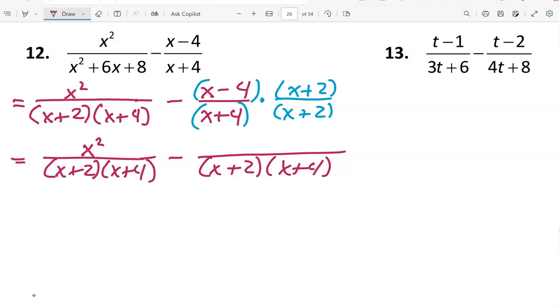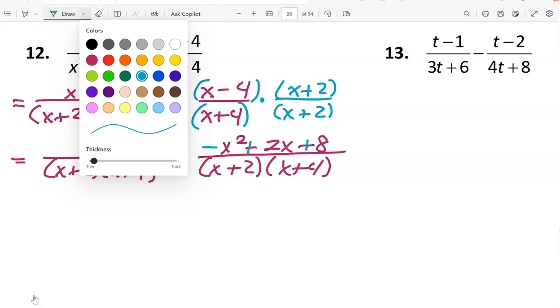Multiplying x minus 4 times x plus 2 gives us x squared minus 2x minus 8. Remember how we subtract fractions. What I want you to do is change it to addition of the opposite and change every single term in the numerator of the second fraction to its opposite sign.